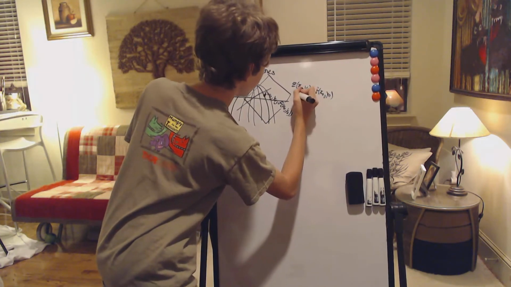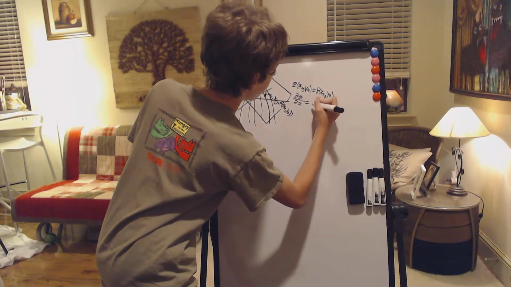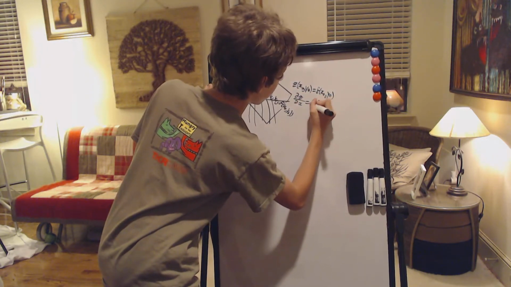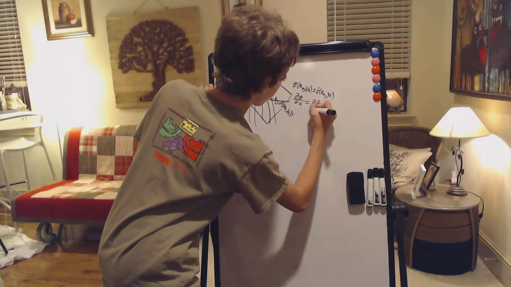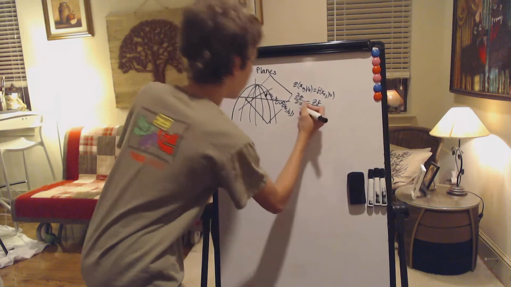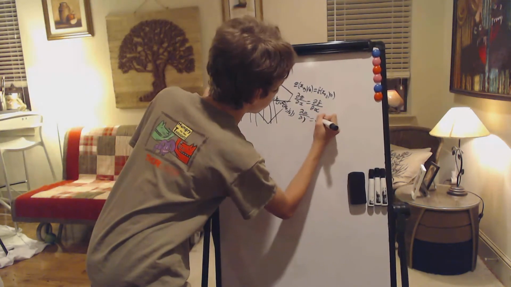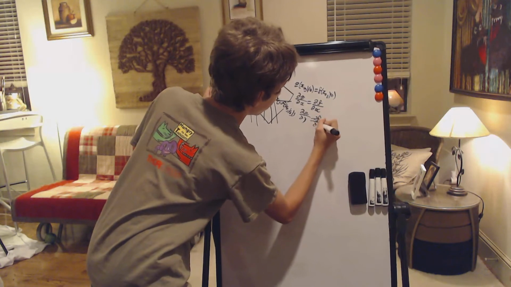And we also need the partial derivative of z with respect to x to be equal to the partial of f with respect to x, and both of these evaluated at x naught, y naught. And similarly, partial z, partial y has to equal partial f, partial y.